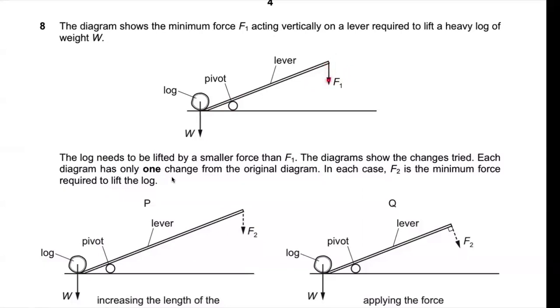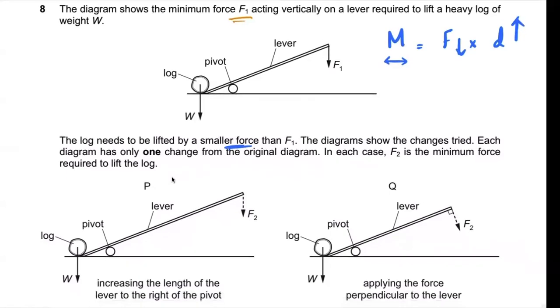If you see here, this is producing a clockwise moment. This is that minimum force. If I think about the moment, this was that minimum moment required, right? So if I want the moment to be the same, but I want to decrease the force, I would need to increase the distance from the pivot.